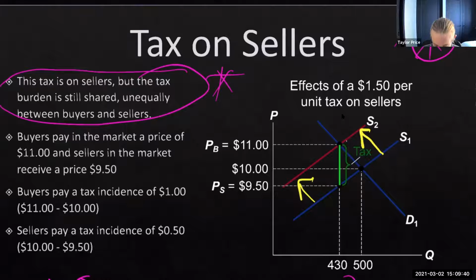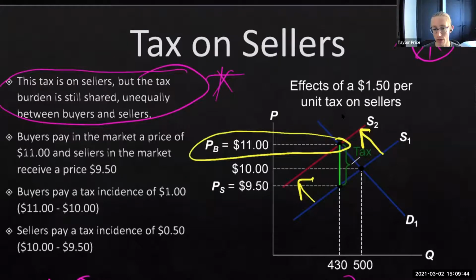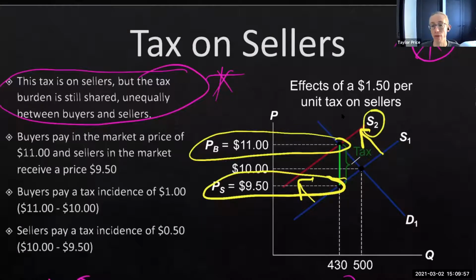Note here that buyers are still paying $11 for the good, and sellers are still receiving $9.50. So nothing has changed. The only thing that has changed is that the supply curve shifts rather than the demand curve. If the tax is on sellers, the supply curve shifts; tax on buyers, the demand curve shifts.